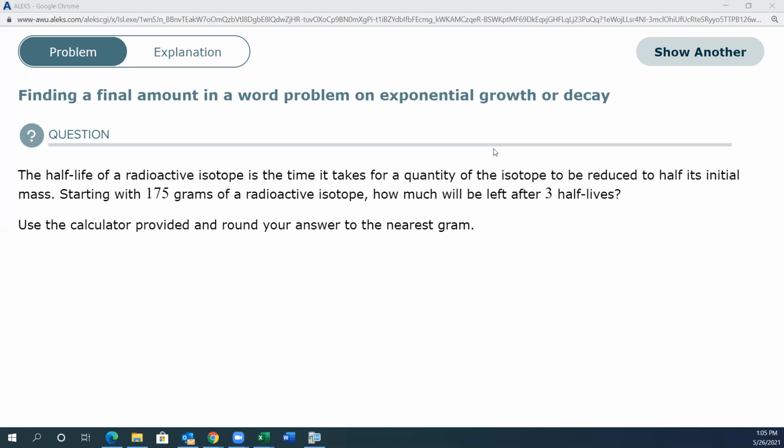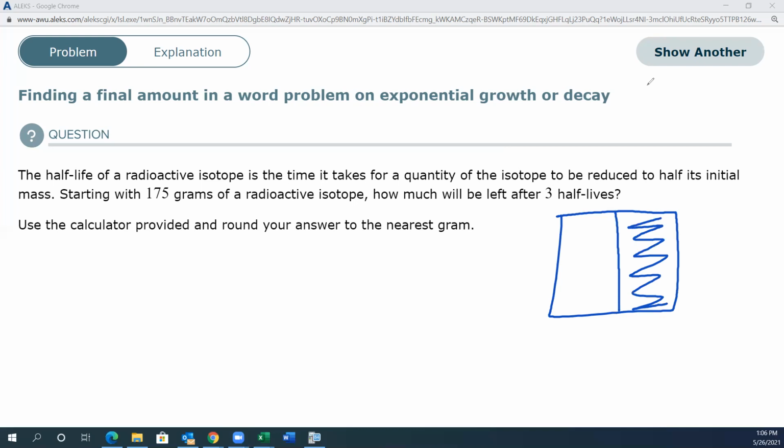And just to understand half-life, let's pretend that the white part of this square is how much of the radioactive substance we still have. After one half-life, half of it is gone. And maybe the half-life is 30 years.